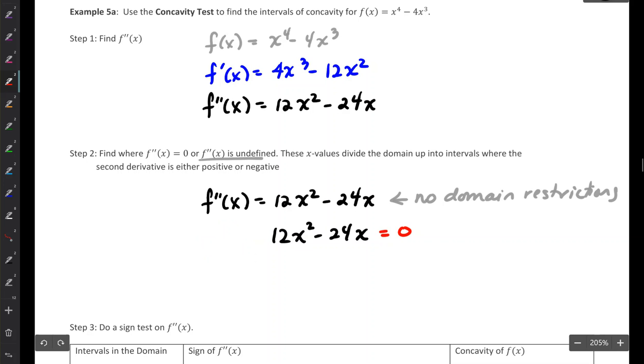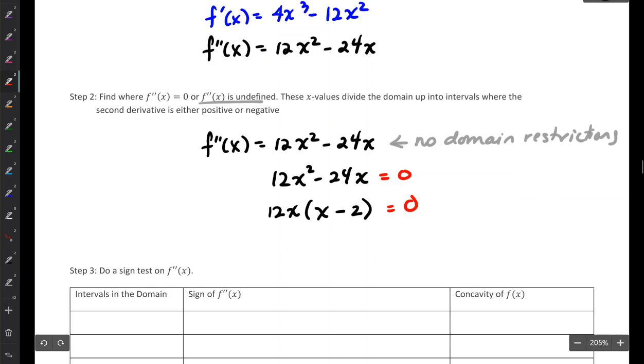Factoring out my greatest common factor between 12 and 24 is 12, and between x squared and x is x. 12x times x is 12x squared, and 12x times minus 2 will be minus 24x. So the places where the second derivative is 0 are x equals 0 or x equals 2.